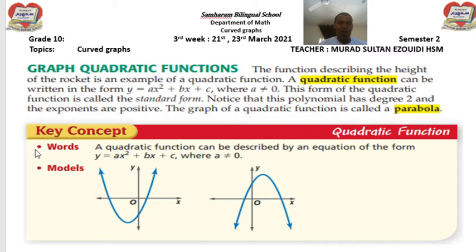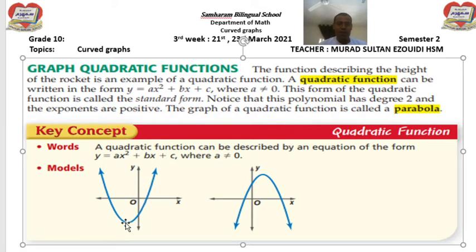So this is the point where the curve changes direction. The second one opens downwards, so it's a hill.